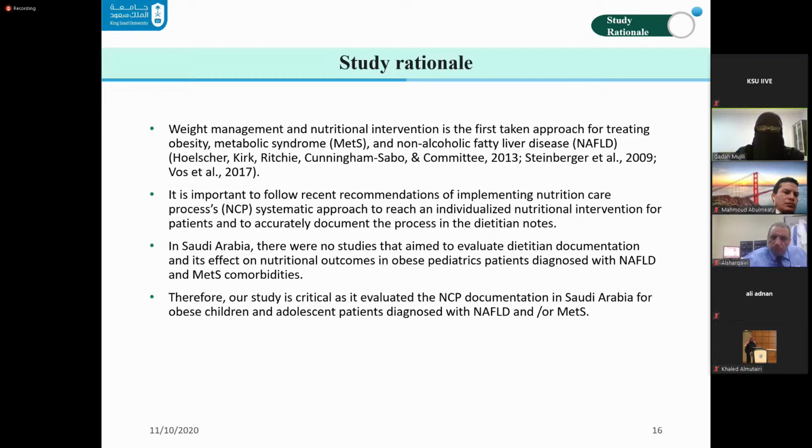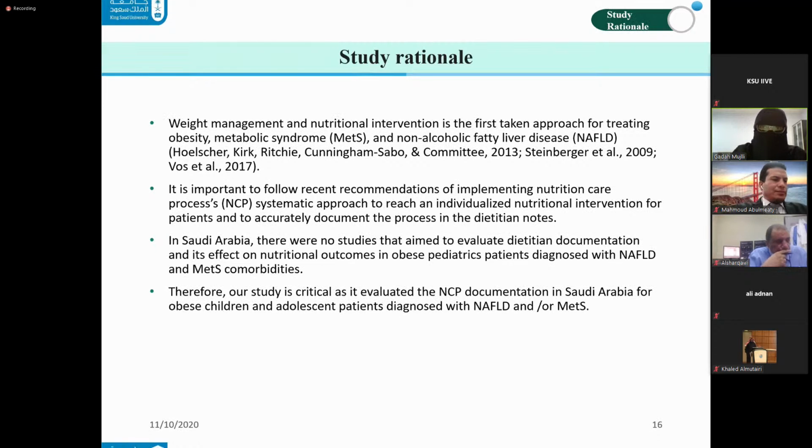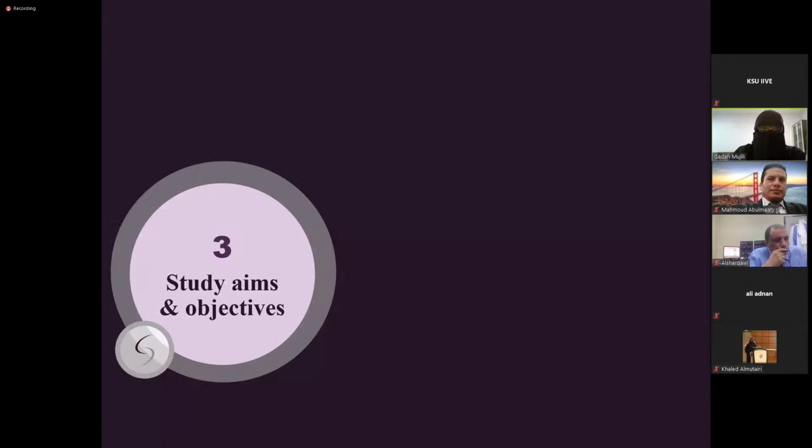In Saudi Arabia, there are no studies that aim to evaluate dietitian documentation and its effect on nutritional outcomes in obese pediatric patients diagnosed with NAFLD and metabolic syndrome comorbidities. Therefore, our study is critical as it evaluated the NCP documentation in Saudi Arabia for this at-risk population.